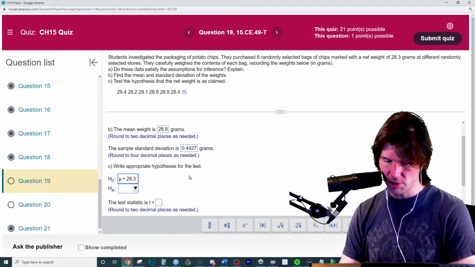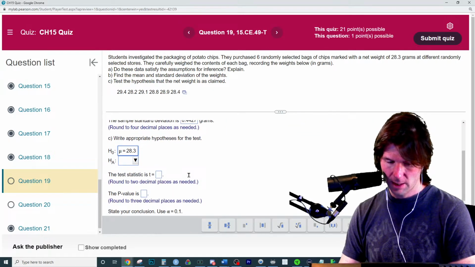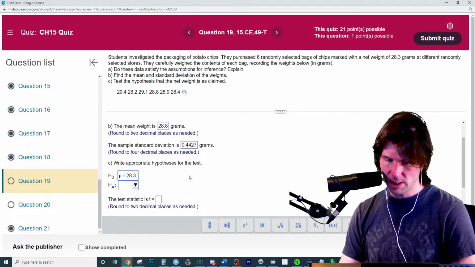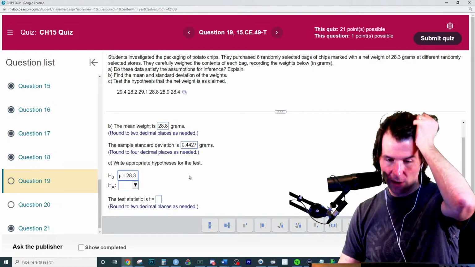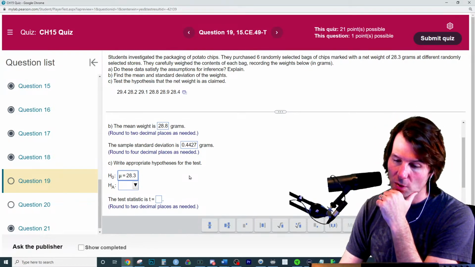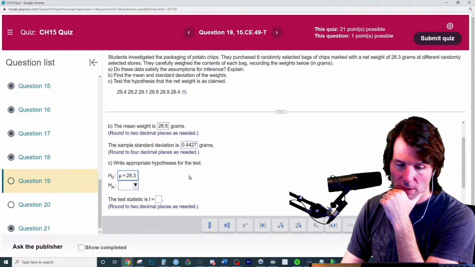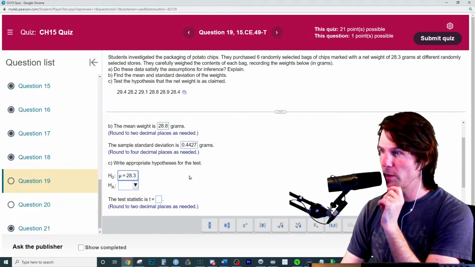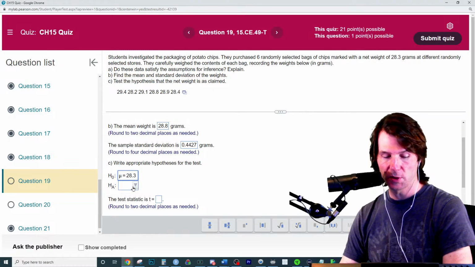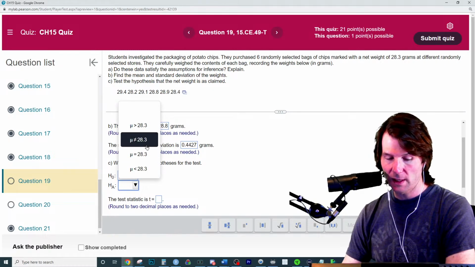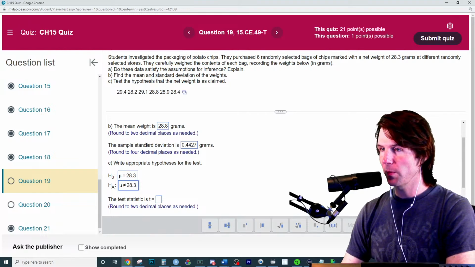Now, it was above in our sample. Our sample was above that. So I think we are testing the does not equal. They never state if they want to look at greater than or less than, so we're going to go with not equal to. And so we would say that it is not equal to 28.3.